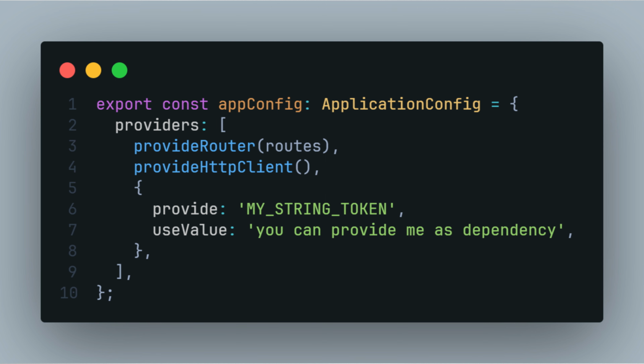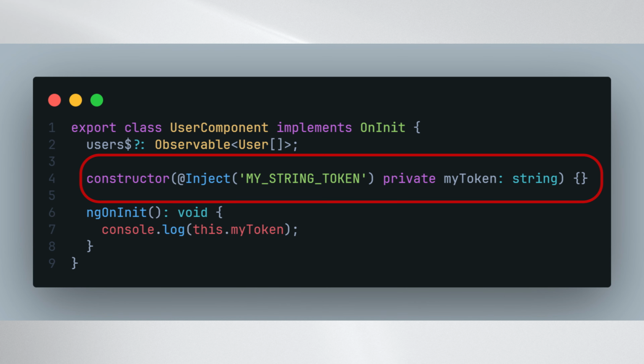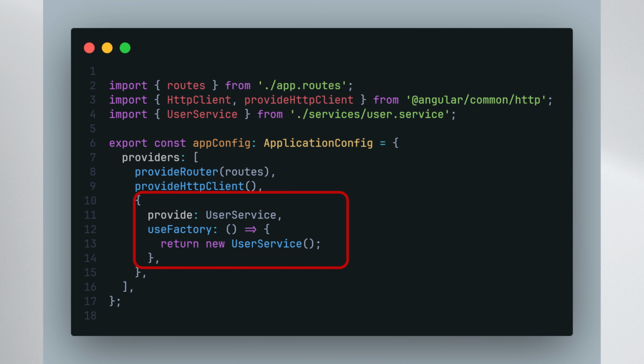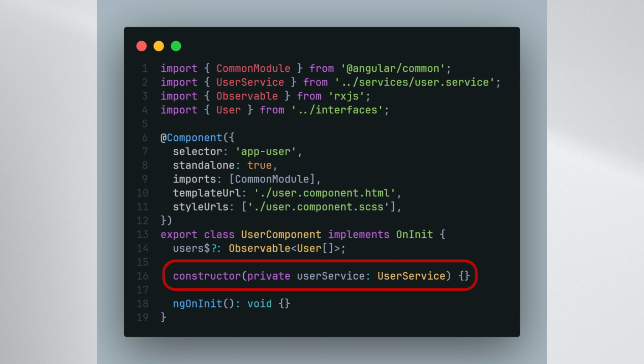You can use the value property and it will inject this value wherever we specify it as a dependency. The final property is useFactory. It takes a function as an input and then returns an object. So you can provide a function, and that function should return an object. Now Angular will take this returned object and inject it as a dependency wherever we need it in our application.